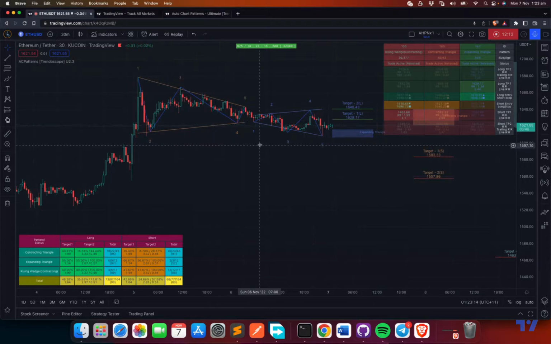The problem with this is it may lead to repainting, because let's say it reached this high and created a pattern and sent a signal, but soon this particular candle may go further up. It means that this pattern is not valid anymore. So you get an alert that there is a pattern, but if you open the chart, there is no pattern. This is called repainting. This happens if you are using the latest candle, which is an unconfirmed candle, for your calculations.